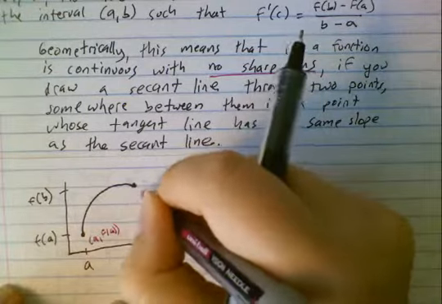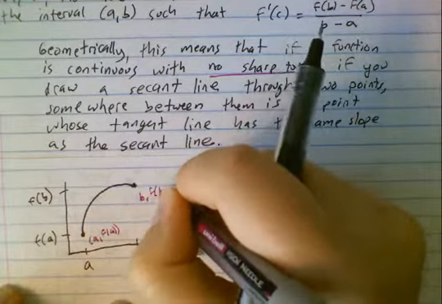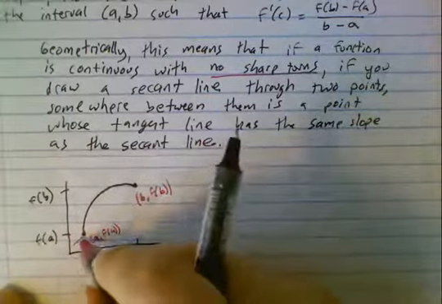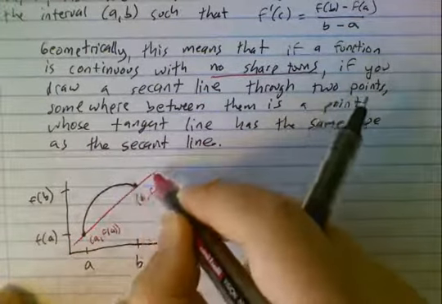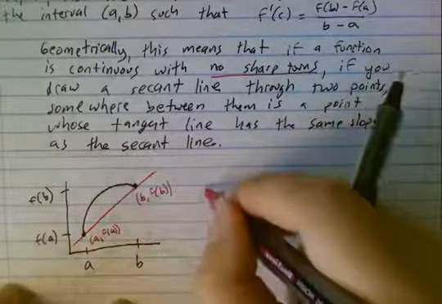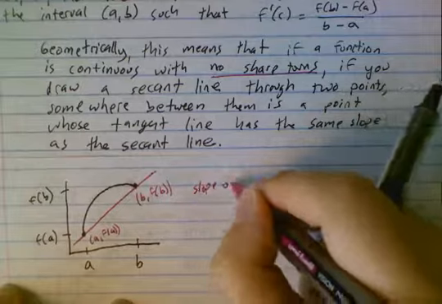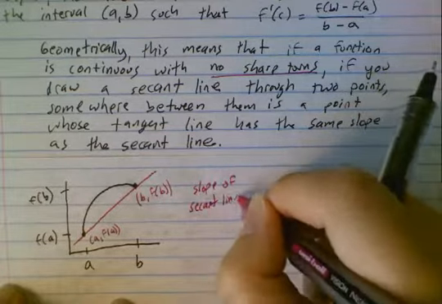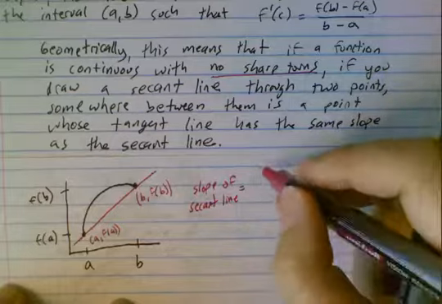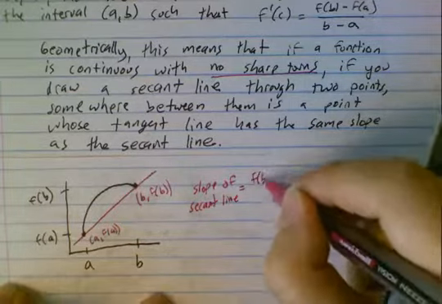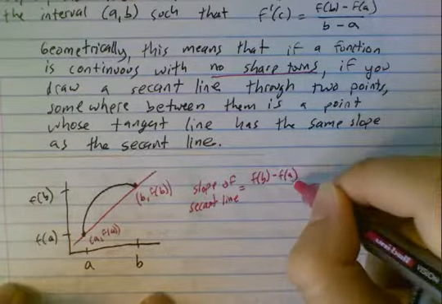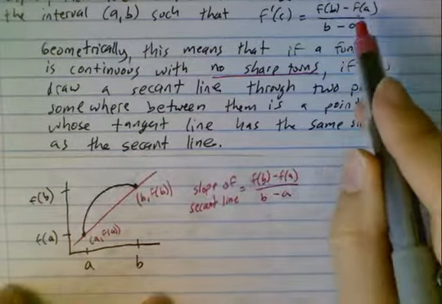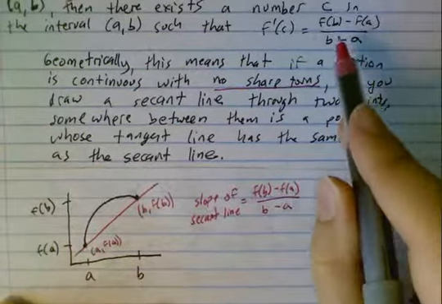And this point we know is the point b comma f of b. If we draw a secant line right through those, we can find the slope of the secant line by doing f of b minus f of a, that's change in y, over b minus a, that's change in x. So that's this little part right here.